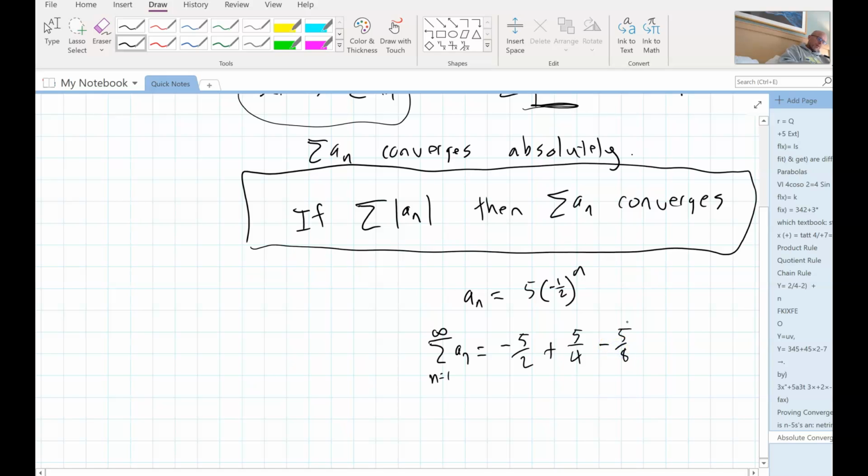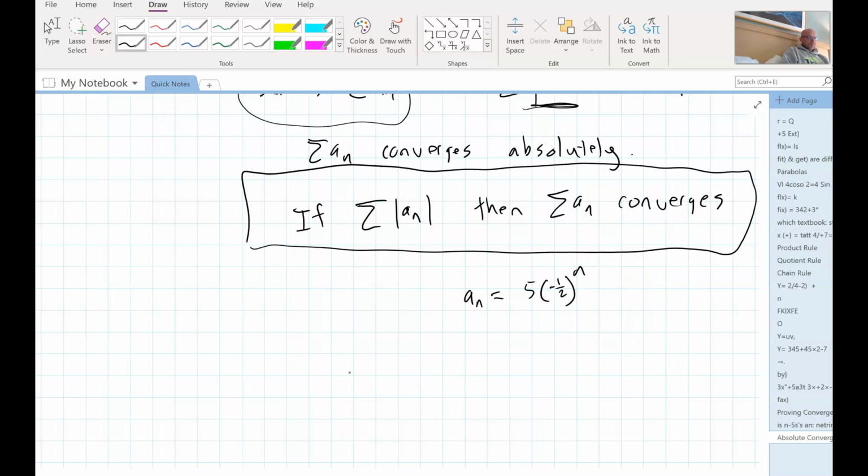If I plug a 4 in there, that would be positive 5/16, etc. So you can see that the sequence itself is alternating, which means the terms of the series are alternating. Most of the series that we've looked at so far have been positive all the way through, so this gives us something new to deal with, an alternating series.